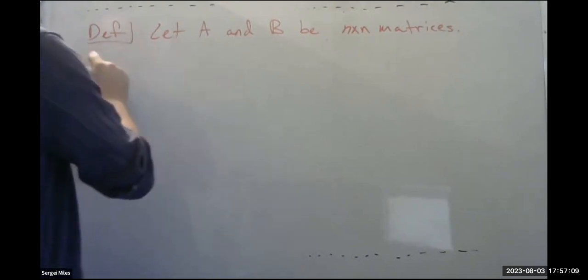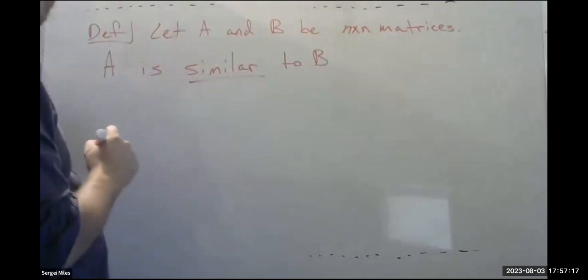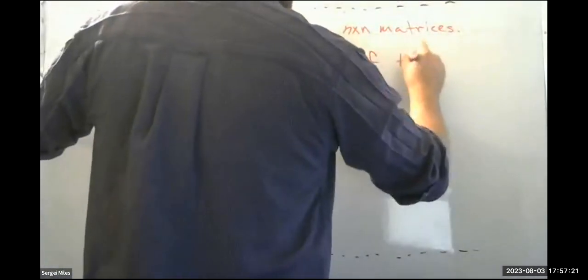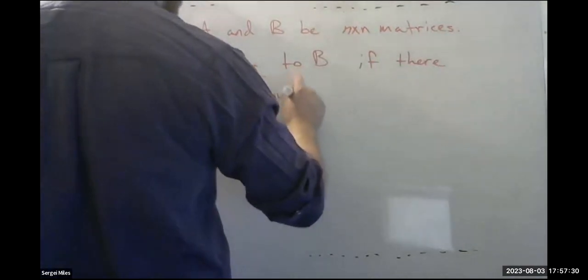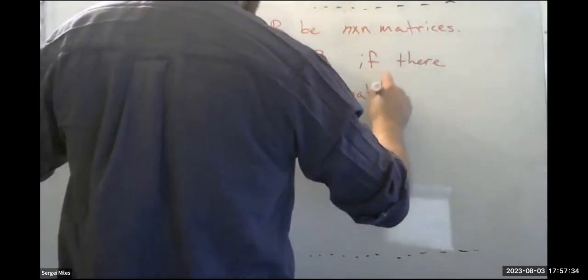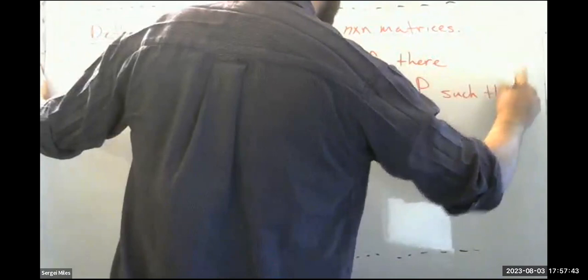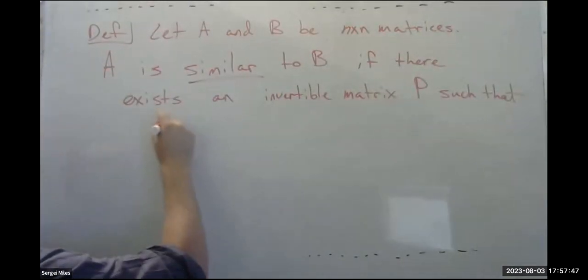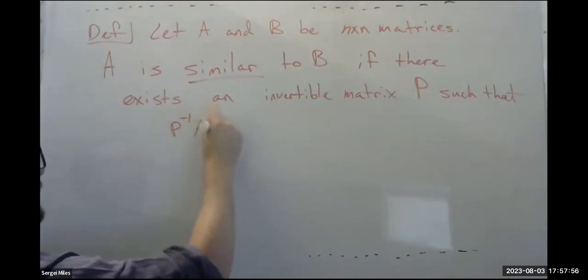Then we say A is similar to B if there exists an invertible matrix, capital P, such that P inverse times A times P equals P, B, P inverse.